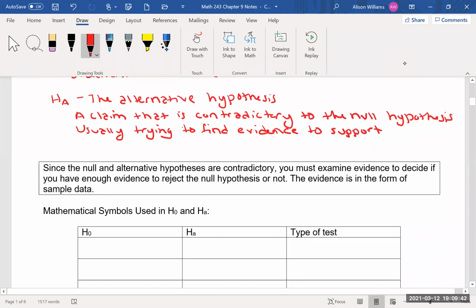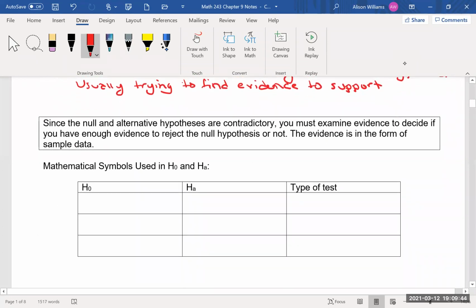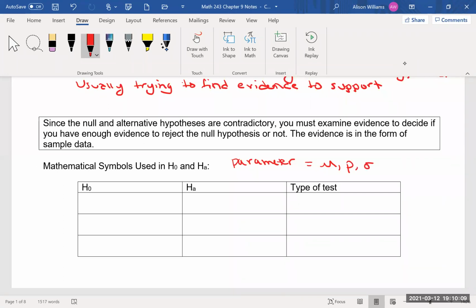The types of statements we're going to have for the null hypothesis involve a comparison of a population parameter, and we've talked about parameters. A parameter is some sort of numerical measurement, like the mean or a proportion or the population standard deviation.